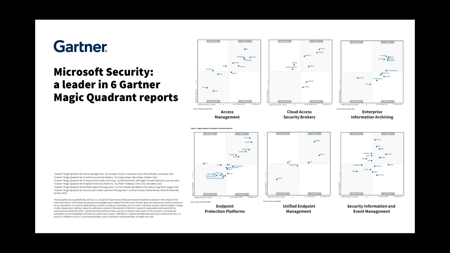Gartner has recognized Microsoft Security as a leader in 5 Magic Quadrants: Access Management, Cloud Access Security Broker, CASB, Enterprise Information Archiving, Endpoint Platform Protection, and Unified Endpoint Management Tools.